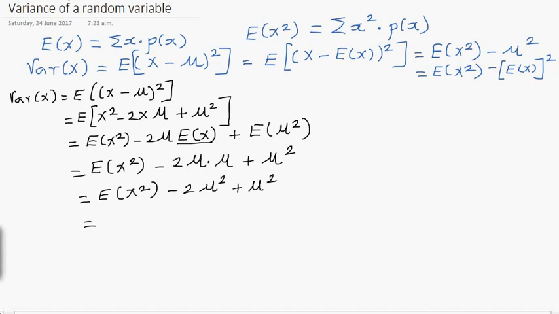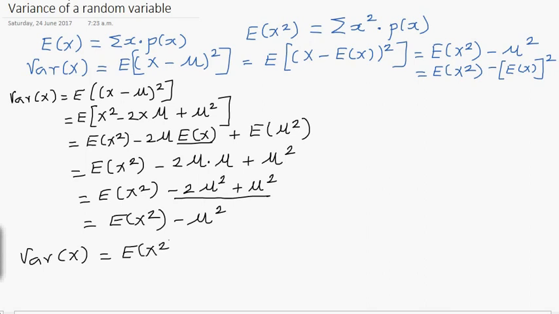So this is equal to the expected value of x squared minus 2 mu squared plus mu squared, which is minus mu squared. So we can say the variance of x, which is a random variable, is the expected value of x squared minus the expected value of x, the whole squared.